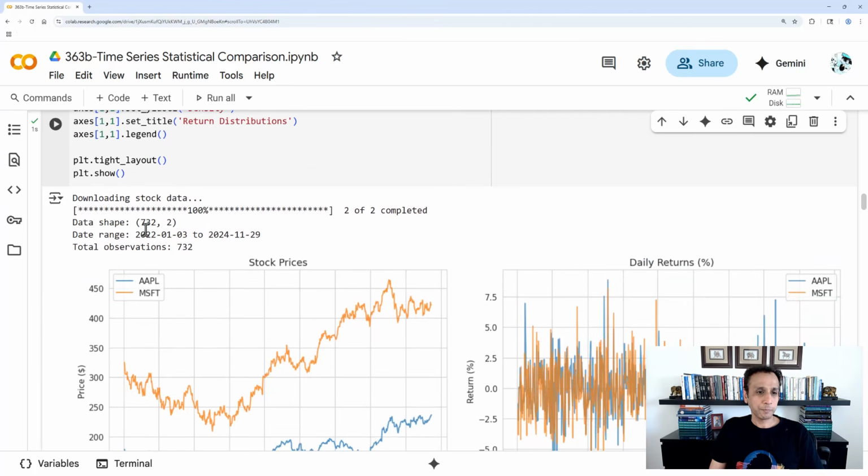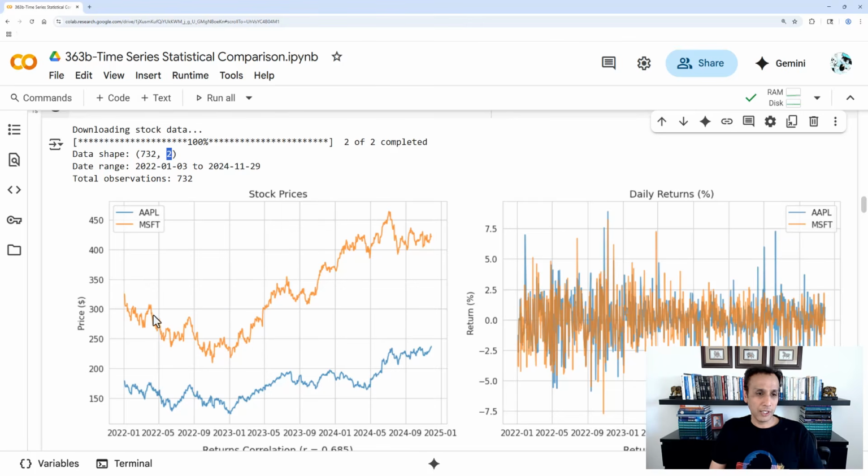First of all, the data: we have 732 data points, of course, for Microsoft and Apple. If you look at the stock prices, the orange is Microsoft and the blue is Apple. They have a similar pattern, sometimes with some extra activity going on for one of these, but on average I would say Apple is a bit more volatile compared to Microsoft.